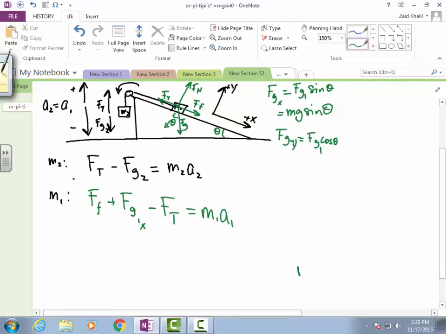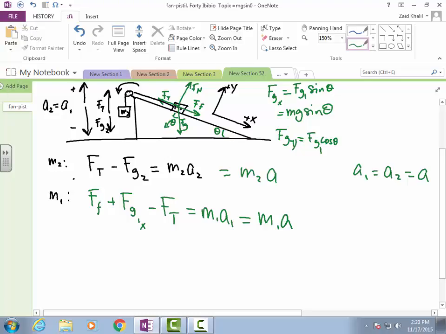Well, A1 equals A2 equals A. So this becomes M2A, and this becomes M1A. Now what? What can you do with these two equations? How about you add them? When you add them, what cancels?